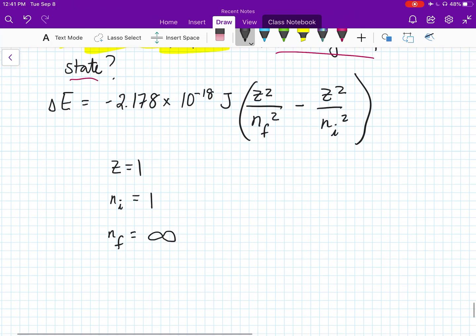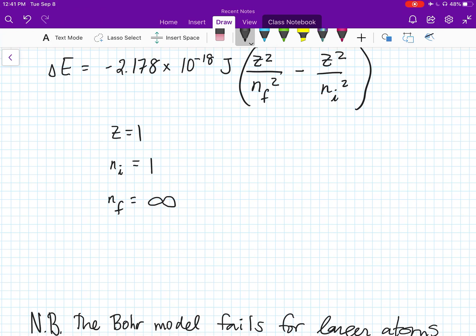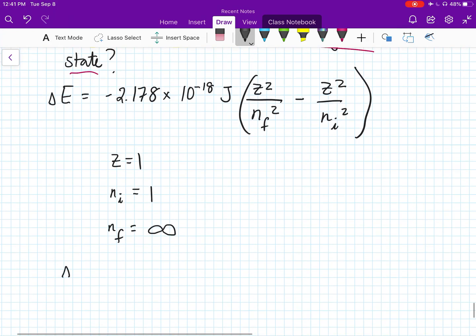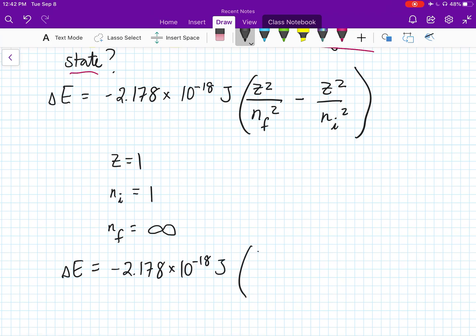So can we take these values and plug them into this equation? Let's try it. Delta E is equal to minus 2.178 times 10 to the minus 18 joules times 1 squared is 1, over infinity. Infinity squared is infinity. Minus 1 squared is 1, over 1 squared is 1. Aha!